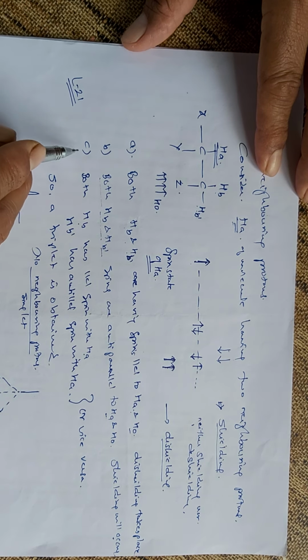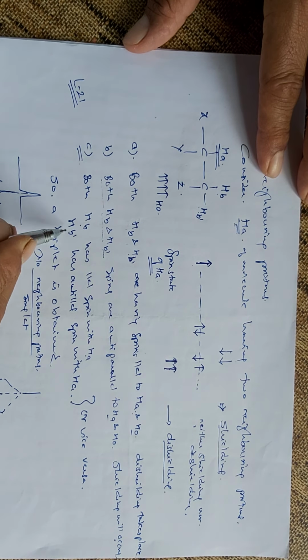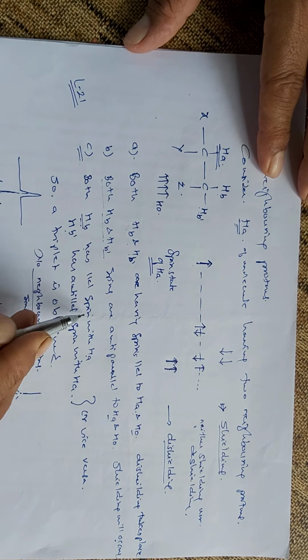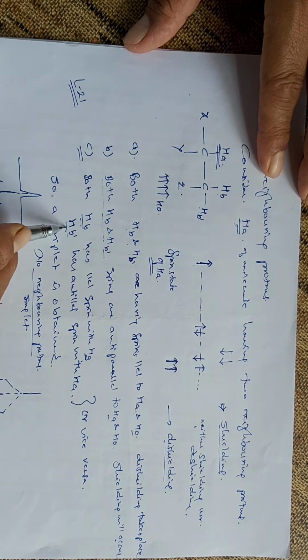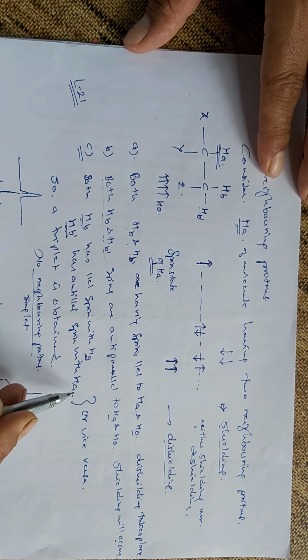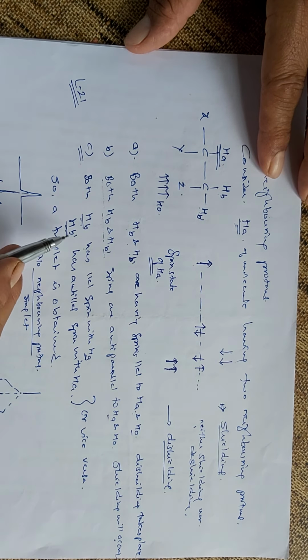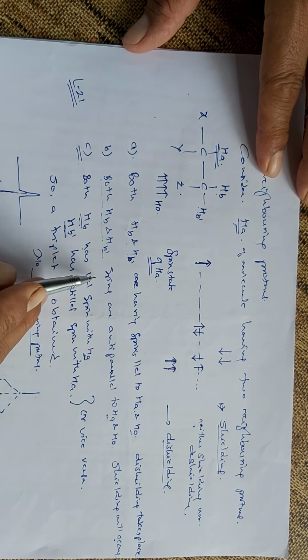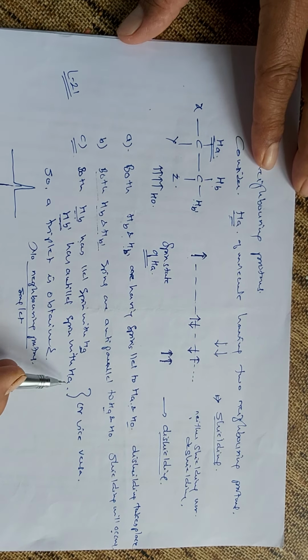The third situation is that HB has the spin parallel to HA and the applied magnetic field, and HB dash has antiparallel spin with HA and H0, the applied magnetic field. Or the situation may be vice versa, that is, HB may have antiparallel spin with HA and HB dash will have parallel with HA.